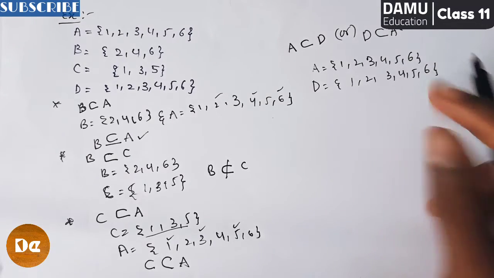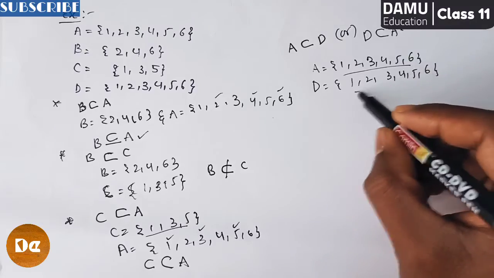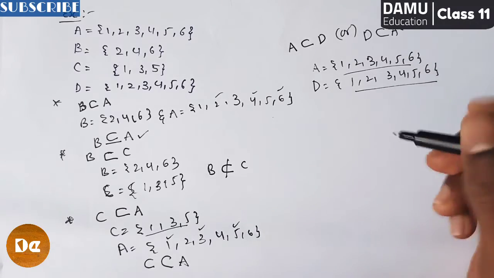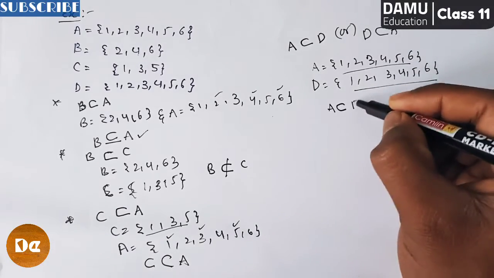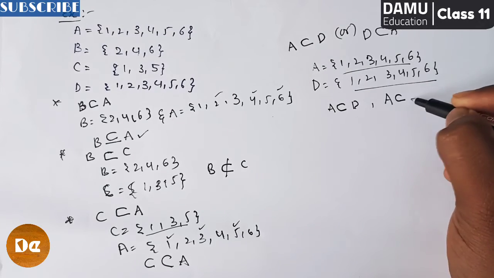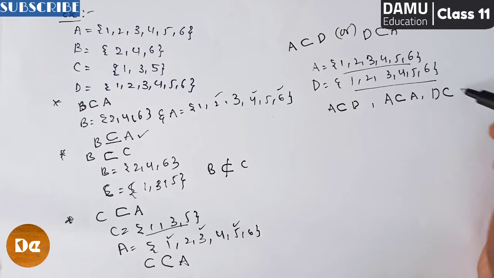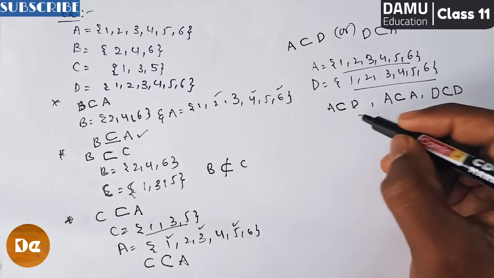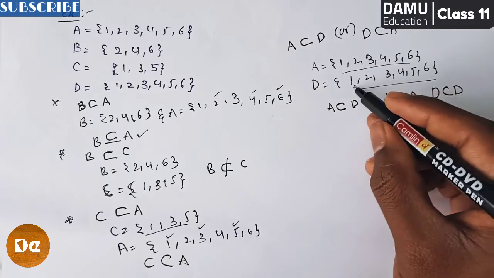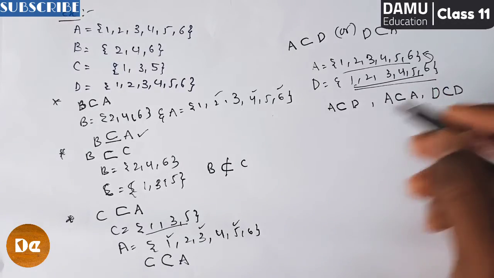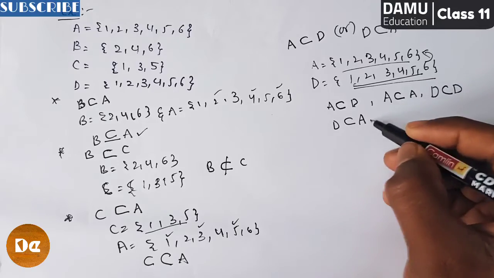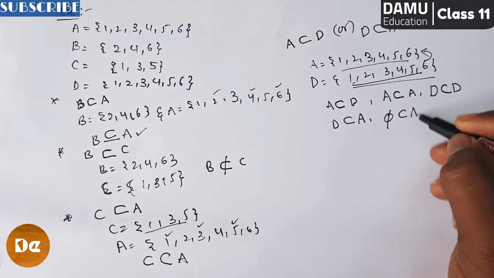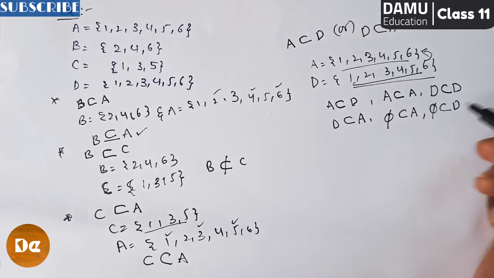So these are the two conditions. The elements which are present in A are also present in D. That means A is a subset of D, A is also a subset of A and D is also a subset of D. And the elements which are present in D are also present in A. For that D is a subset of A.